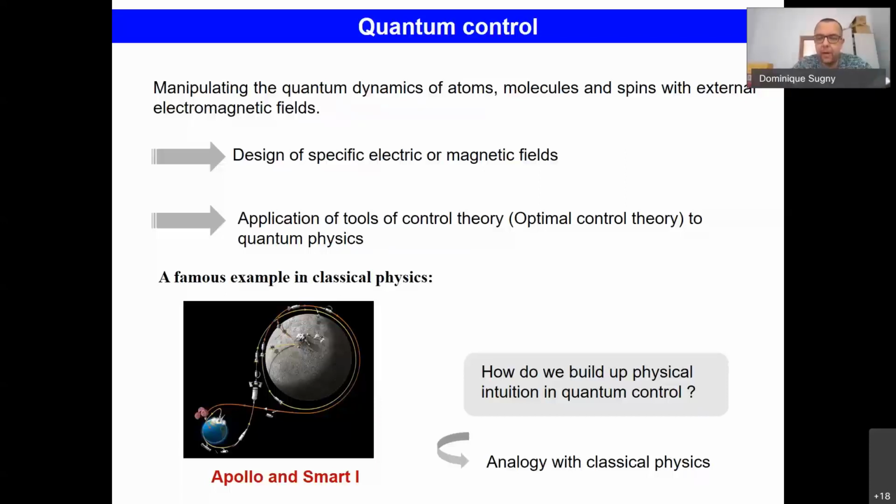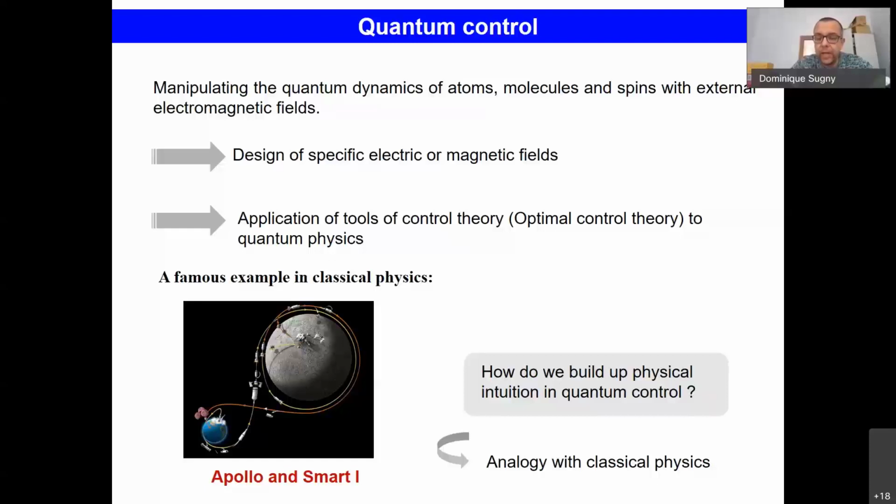So there are by now many different examples. And in general, due to the complexity of quantum dynamics, we have to use some numerical optimization algorithms. And so finally, we get a numerical solution or a numerical control field.